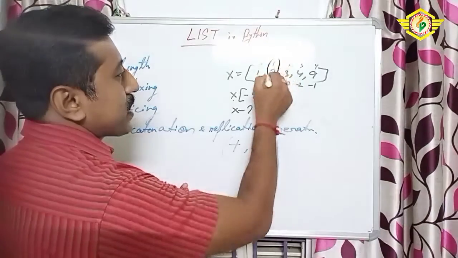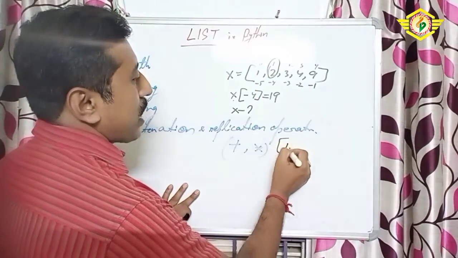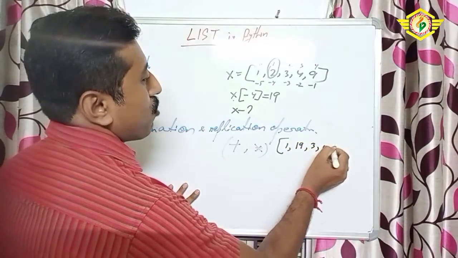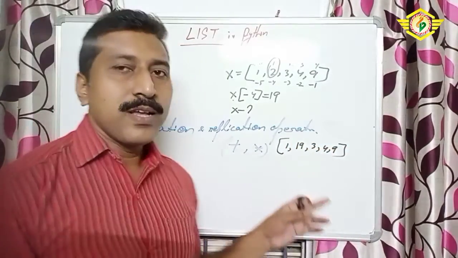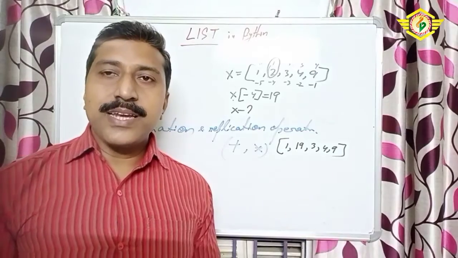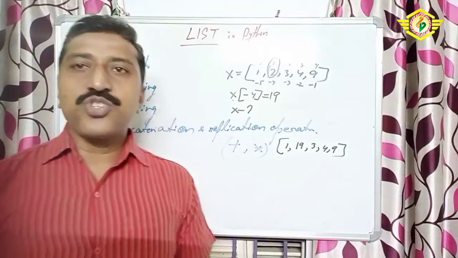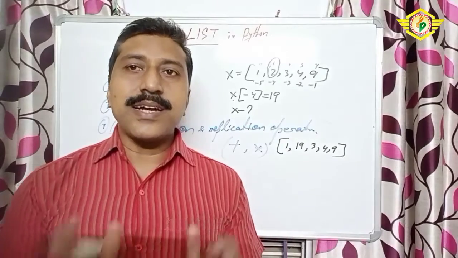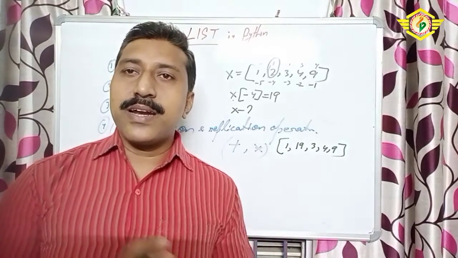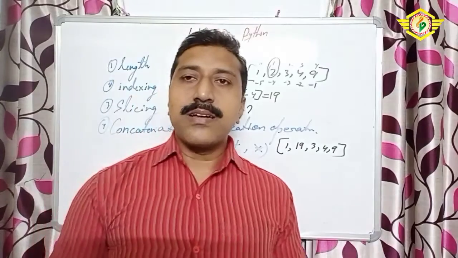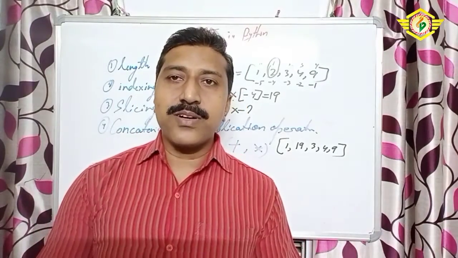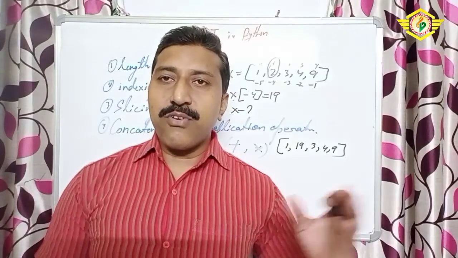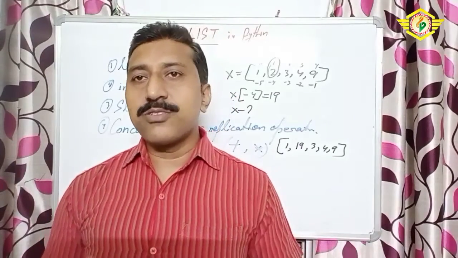The earlier value 2 there will now be 19, so the list is 1, 19, 3, 4, 9. That means it is mutable. So we can change the value at an index number. This is the difference between a string and a list. Otherwise, almost the same functions and activities we perform on strings we can also do here.